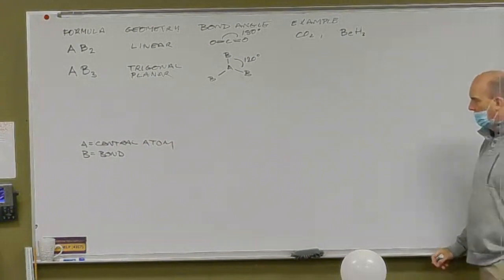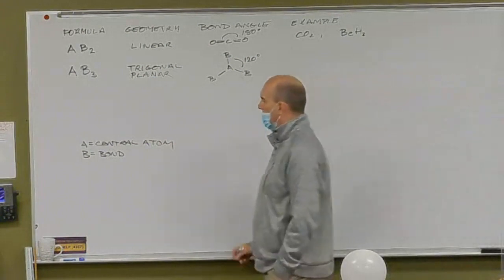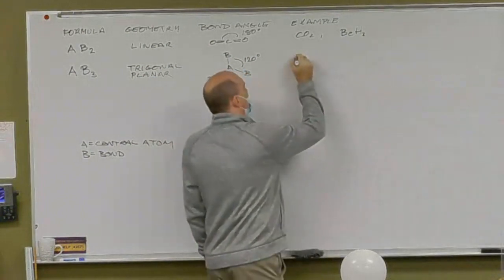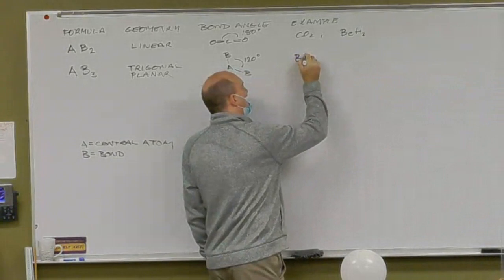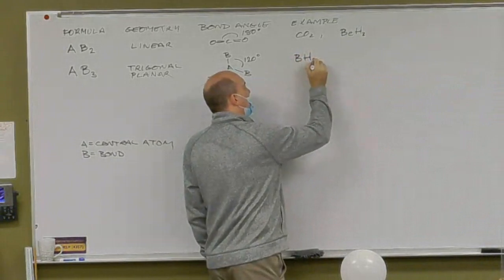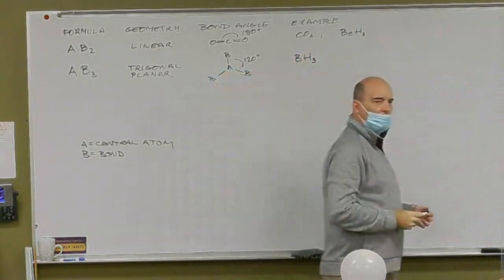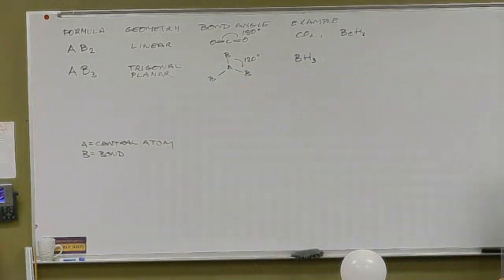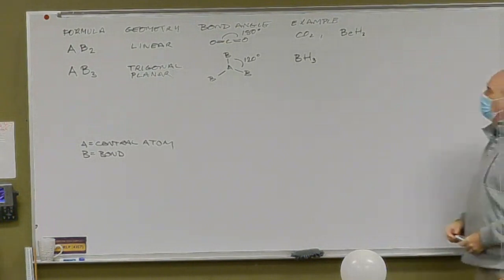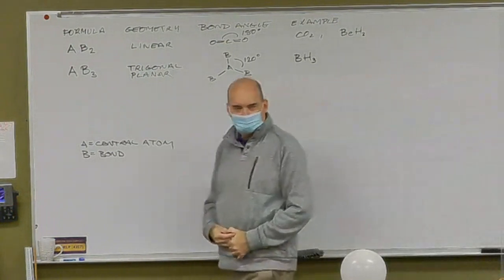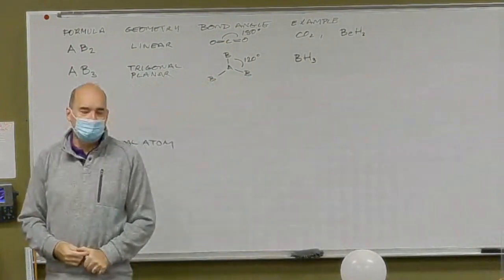These are flat and triangular. There's a molecule called borane. Boron is in group 3. Only has 3 valence electrons, therefore can only make 3 bonds.